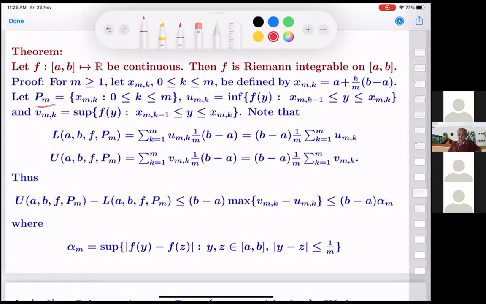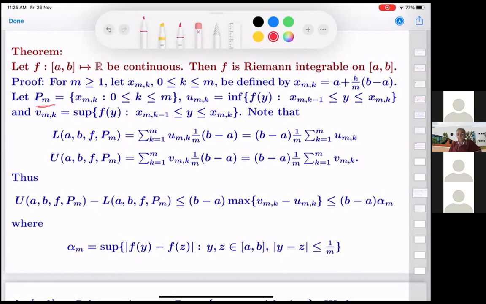So for this partition, I can explicitly compute what is my lower bound. I can explicitly compute what is my upper bound. Therefore, if you take the difference between the two, b minus a times 1 by m is common, so we can take it out. And now summation k equal to 1 to m, vmk minus umk.